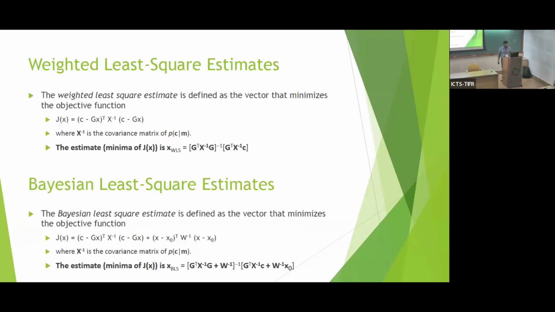Okay. So then, two ways we can approach a DA problem. One is as a weighted least square estimate or best linear unbiased estimate. Probably Professor Varahan definitely talked about this in great detail. In this case, what we have basically is a cost function. If you have a model Gx, and C is the observation, will your model be equal to observation?